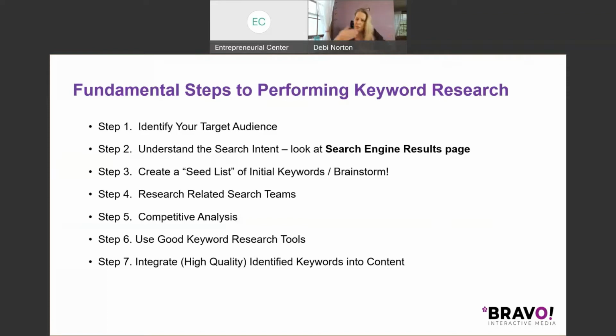You don't want to keep repeating that keyword. You want to use that keyword in conjunction with related search terms. We want to be able to use variations of this and write it in a way that makes sense for the user. And that's entirely one of the ways that Google is really looking at the content.